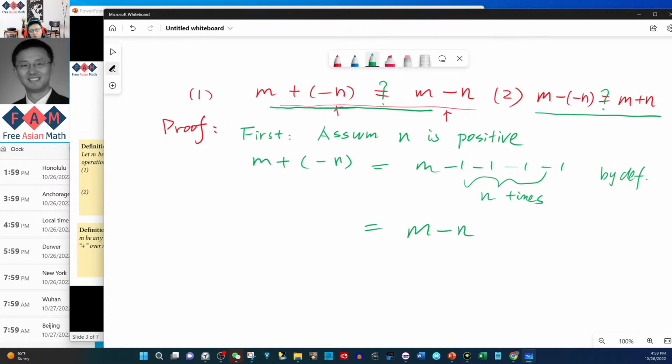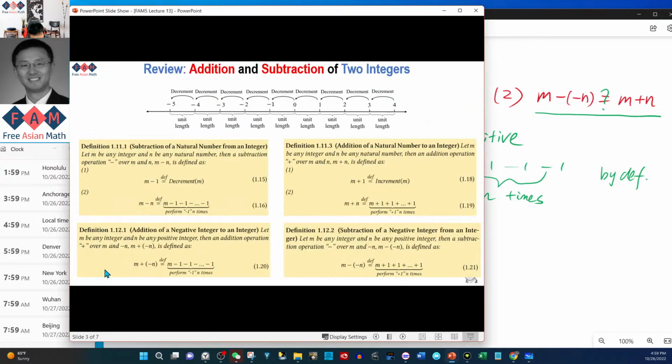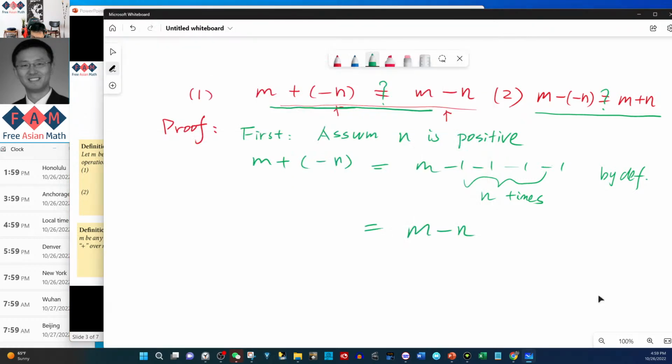Now you see why we need to take two steps to define even addition for integers, because it doesn't matter whether the number being added is positive or negative. With positive, we were able to just go back to a definition where it's just natural, like subtracting a natural number. So this is n minus n. So we are actually done for this part. How easy is that? This is true if n is positive.